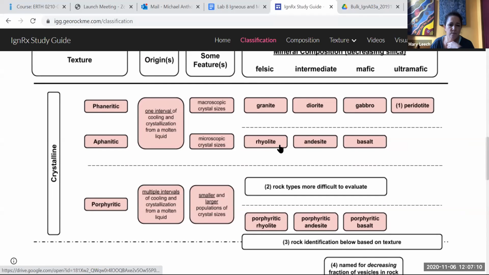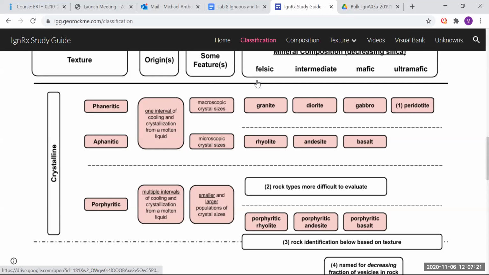Right. So you're trying to match the characteristics to the rock that you've got in front of you, right? So you're trying to be true to the composition, whether it's light, dark, or intermediate, and to the texture, whether it's phaneritic, aphanitic, porphyritic, glassy, fragmental, whatever texture you see.